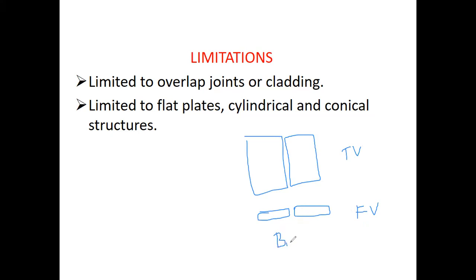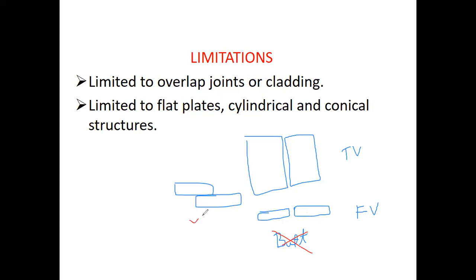We have seen the types of joints, as I said right at the beginning of the unit. This is called a butt joint. But when they have an overlap, one on top of the other, that is when this type of explosive welding is feasible, but butt welding is not possible.